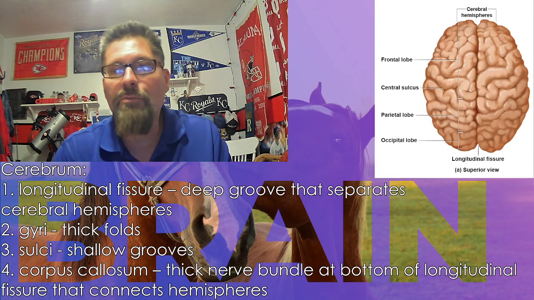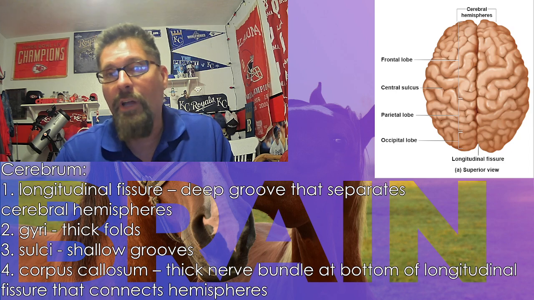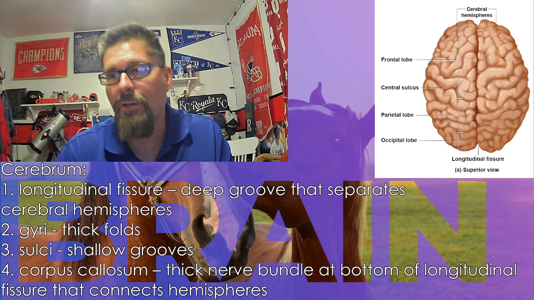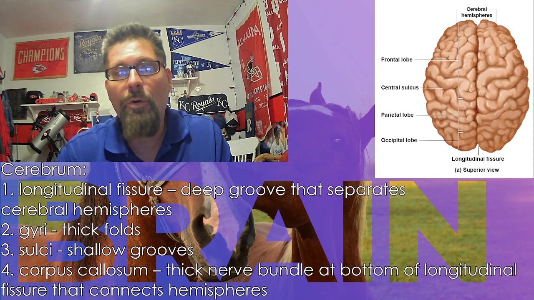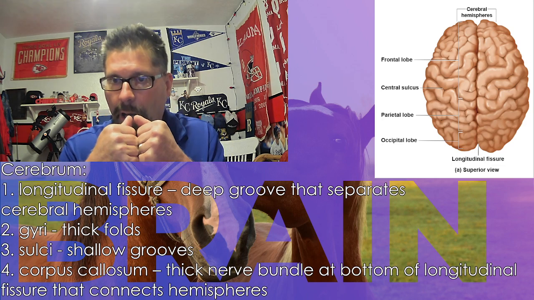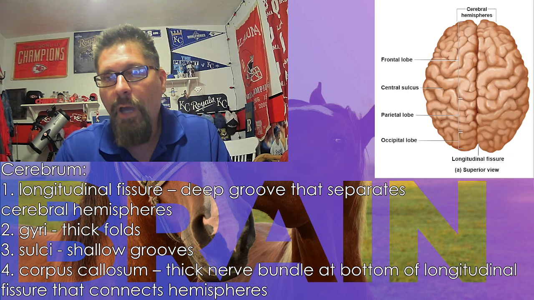Alright, so when we're talking cerebrum, we're really talking that upper two-thirds, as I mentioned. One of the obvious things to notice right away is the longitudinal fissure that goes right down the center. When we dissect sheep brains, you can literally put your fingers down into that fissure and pull the brain apart and look at both halves.